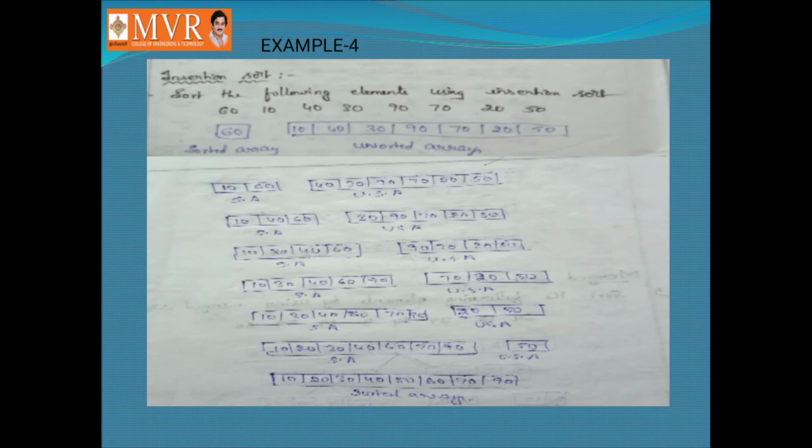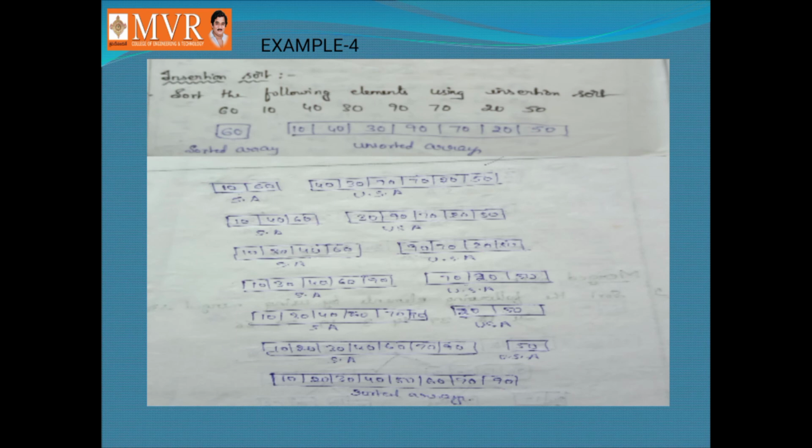When you compare with 10, 70 is bigger than 10, bigger than 30, bigger than 40, bigger than 60. And when I compare 70 with 90, it is smaller than 90. So it should be in front of 90. So after this step, my sorted array will be 10, 30, 40, 60, 70 and 90.